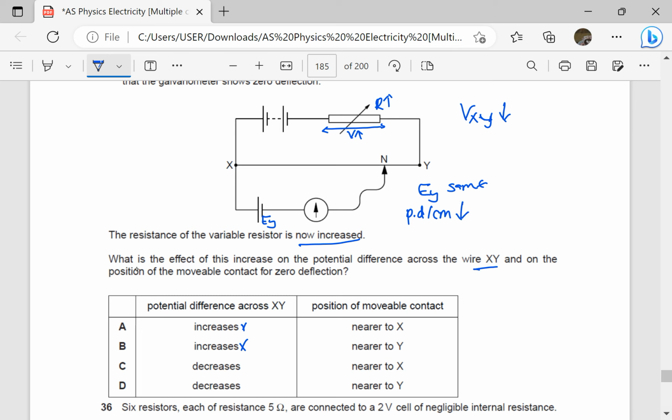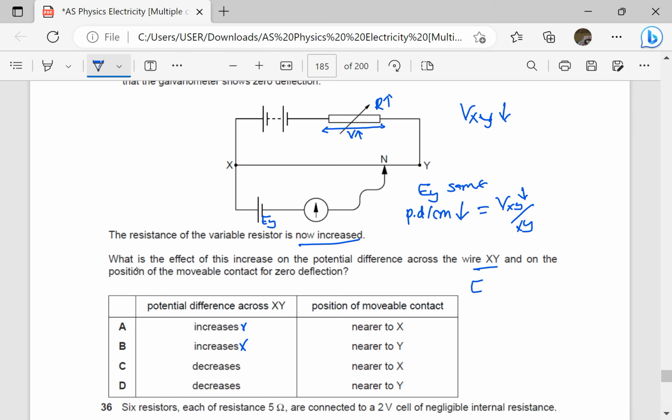The PD per centimeter depends on the PD across XY divided by the distance XY. So because this one has decreased but XY has not changed, it means the PD per centimeter has decreased.